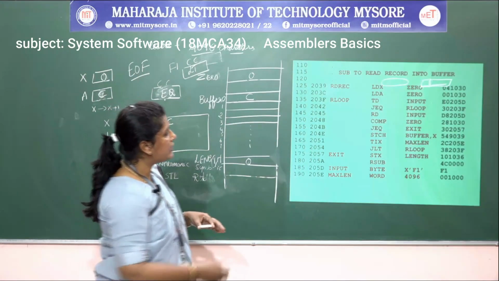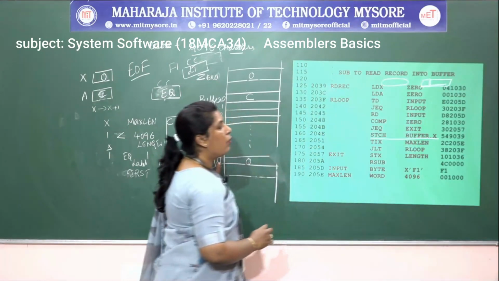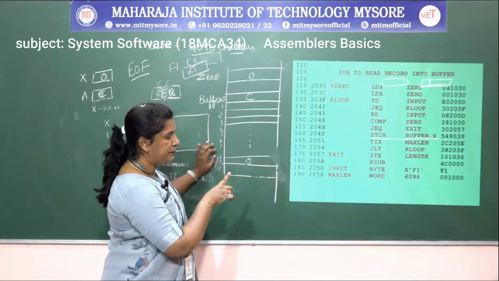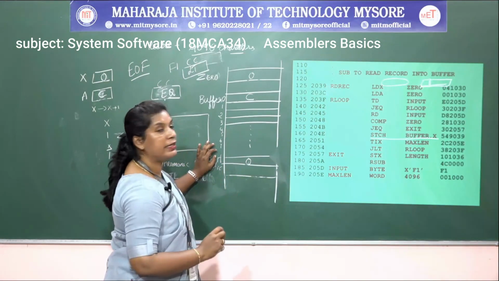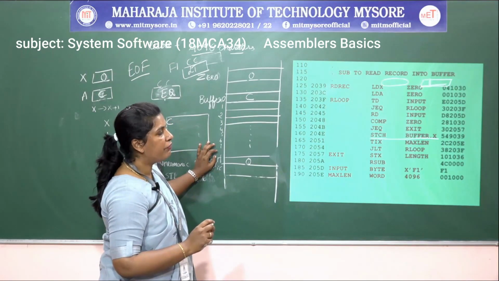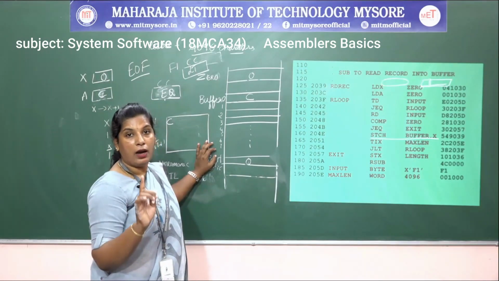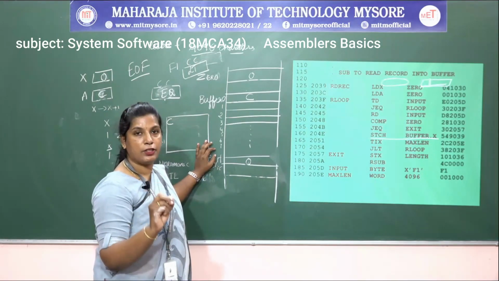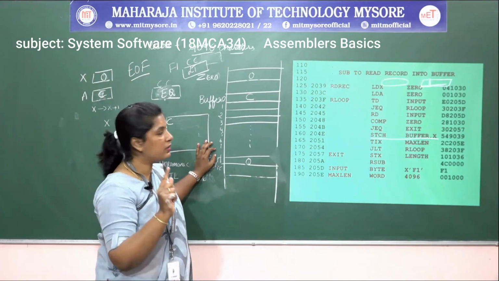This is how we can create an object code for that. In this case, if there is a buffer, for this instruction we have to use the indexed addressing mode. So STCH BUFFER,X. In that instruction format, as I already explained, the index register bit has to be set to 1.